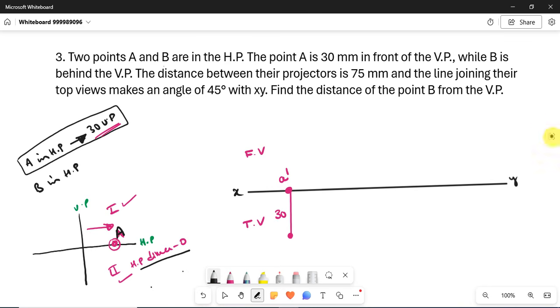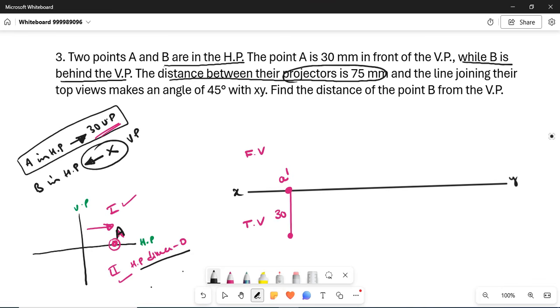Now B is also in the HP. But the other condition is that B is behind VP. So in this case, he mentioned that B is behind VP, but the distance is not given. And what he mentioned here is that the distance between their projectors is 75 mm.